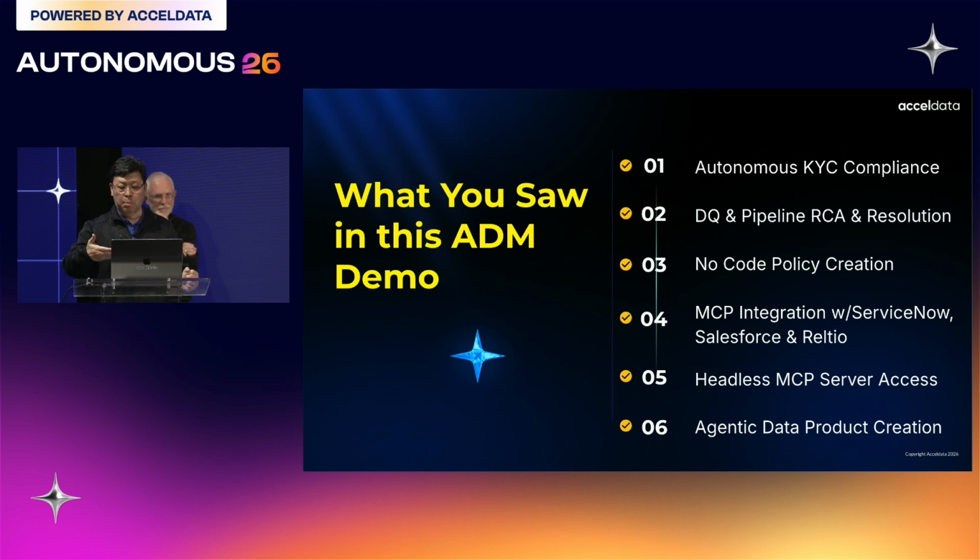You also saw MCP integration, headless MCP server access, and finally, we closed with agentic data product creation. This is the next generation of agentic data management. Thank you so much.